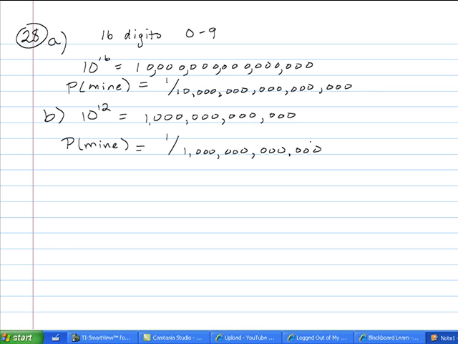So I need 8 zeros. So probability now would be 1 over 100 million. Is this something to worry about? No, it's still a large number.